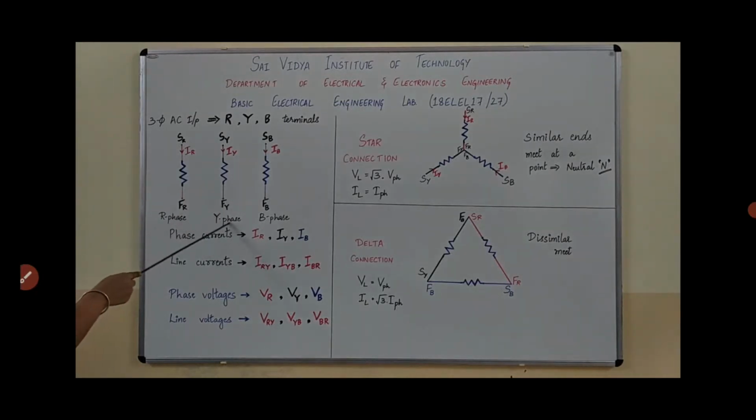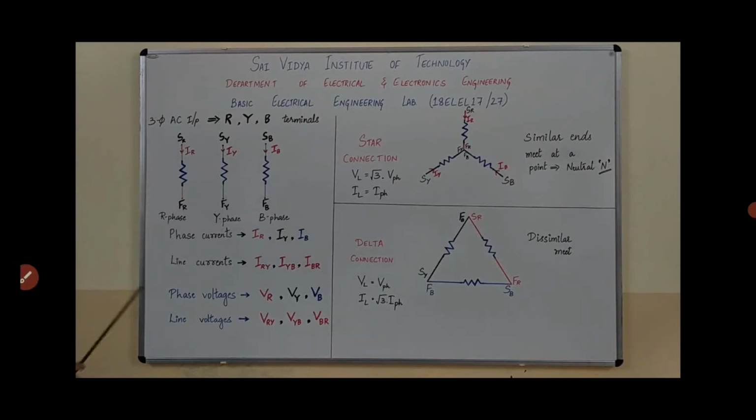This is the R phase, this is Y and this is B. The entry of current IR will be considered as start of R phase, and this point is considered as finish of R phase. Similarly, this is the start of Y phase and finish of Y phase. Then this is the start of B phase and this is the finish of B phase.